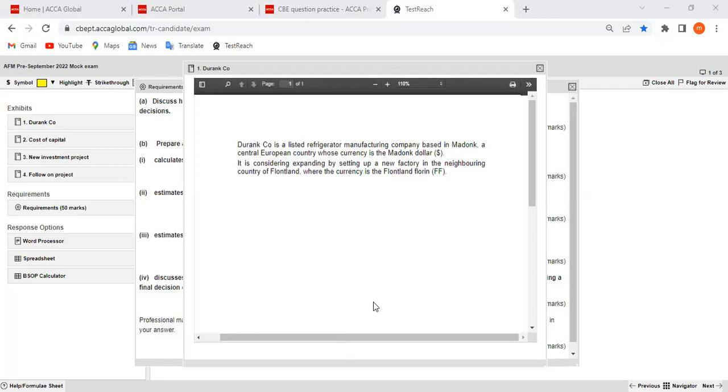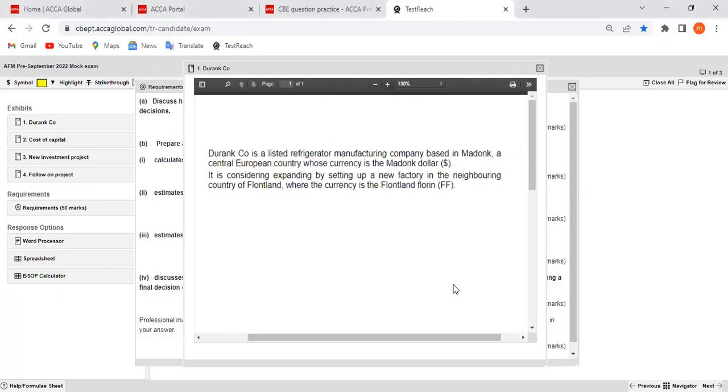Okay. D company is a listed refrigerator manufacturing company based in M, a central European country whose currency is the M dollar. It is considering expanding by setting up a new subsidiary in the neighboring country of F, where the currency is the FF.